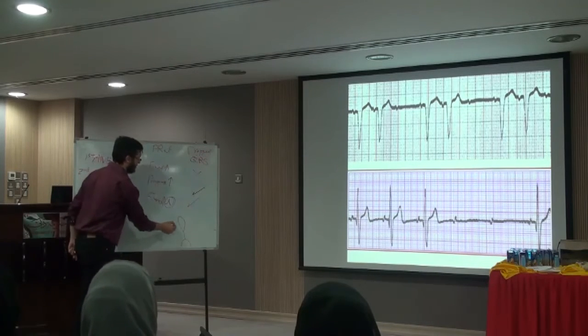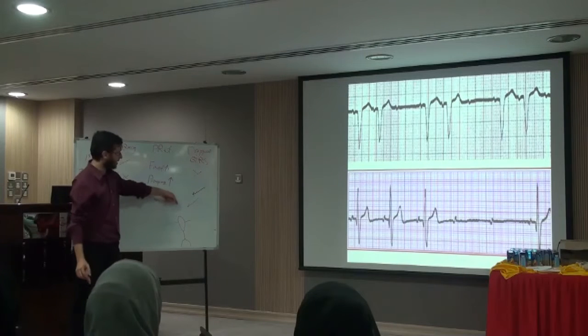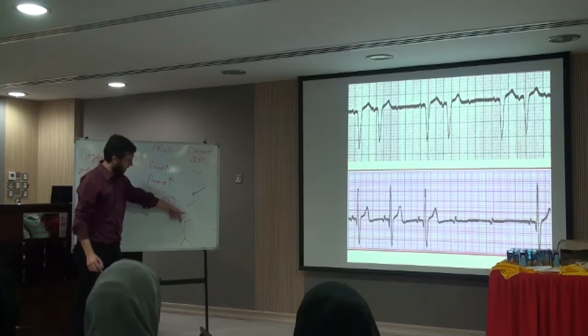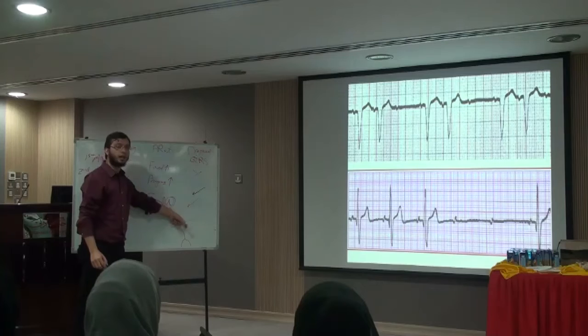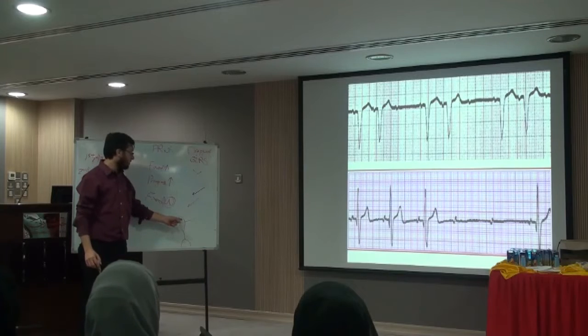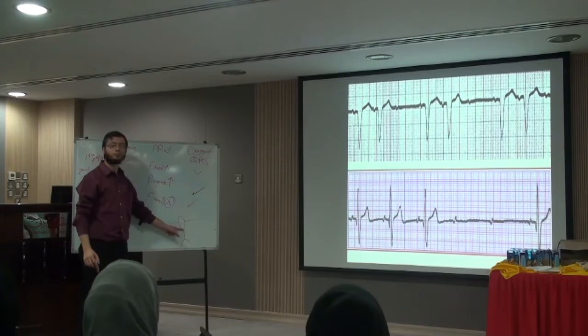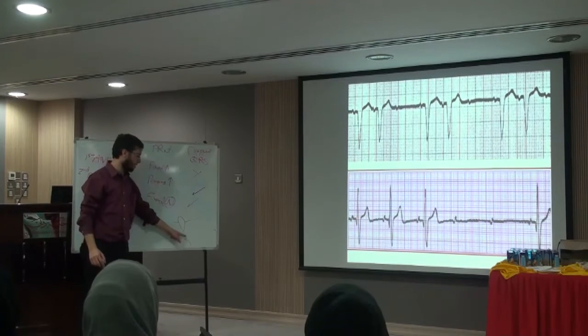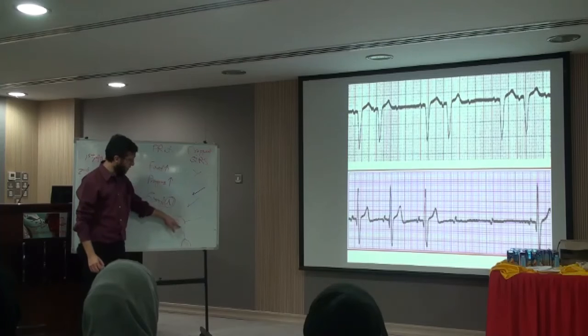So this is the AV node. The electrical activity passes here and slows down and sometimes gets blocked. That's why you get the dropped beat. So you may get the block in the AV node itself, or in the His bundle itself, like it's conducting down, down, down, and then it stops here or here.